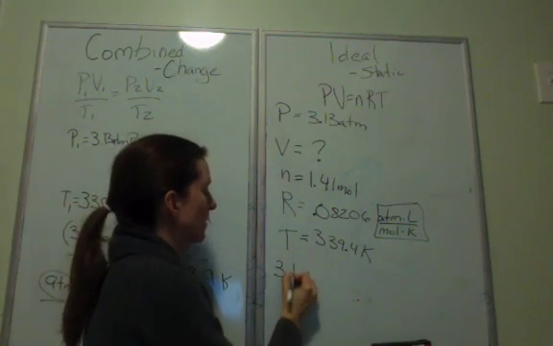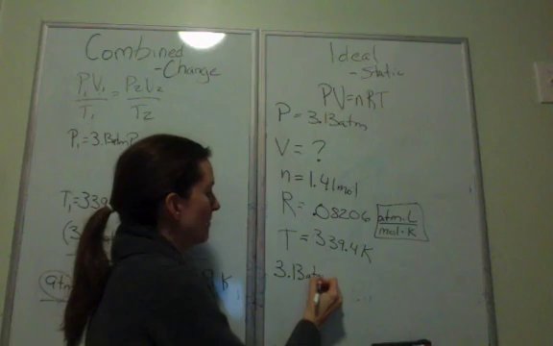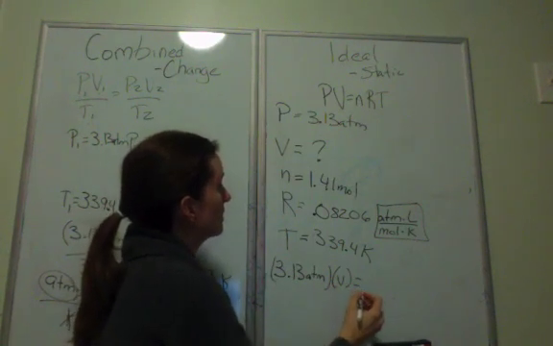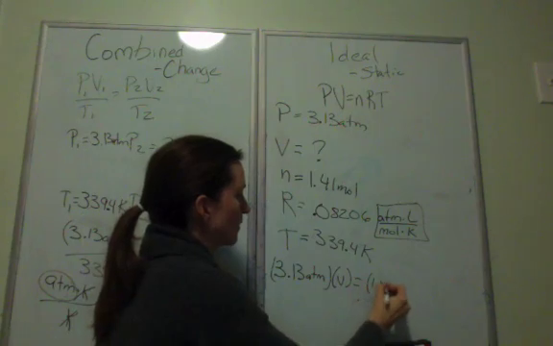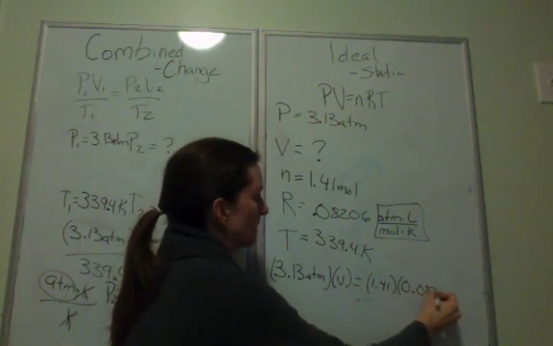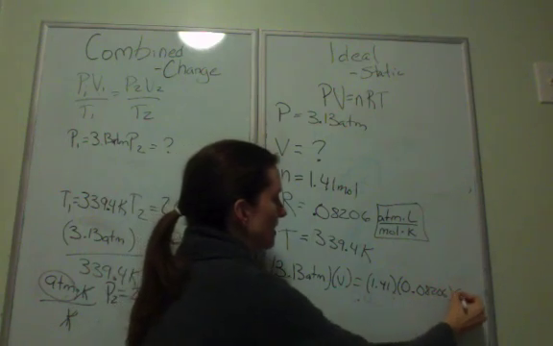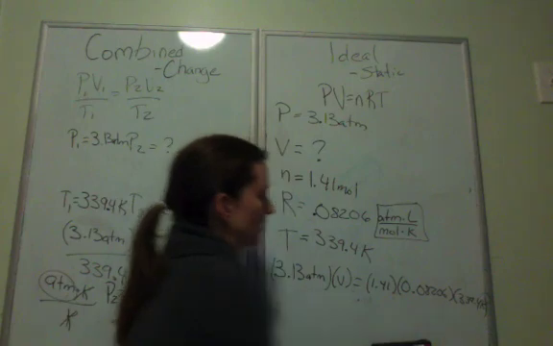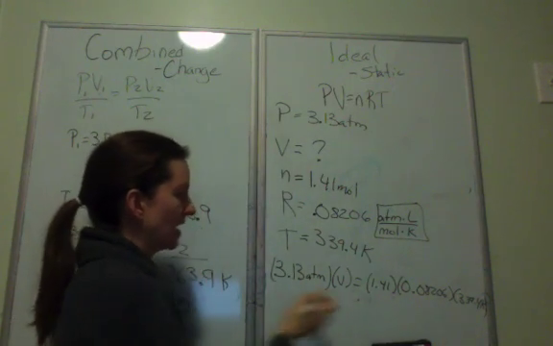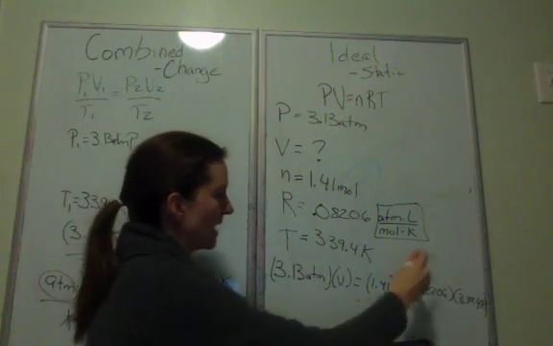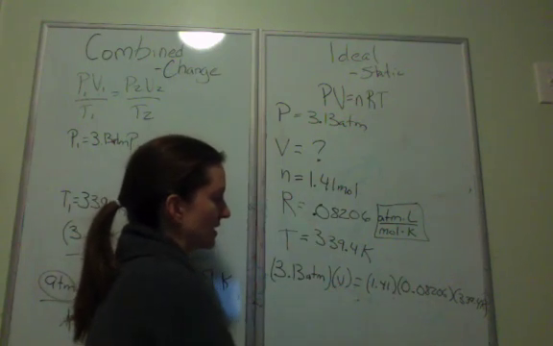If I have 3.13 atm times some unknown volume, that equals N, which is 1.41, R, which is a constant, and then T. My board is very small. Okay. Solve for V, take this times this times this, divide by atm, and you get volume by itself.